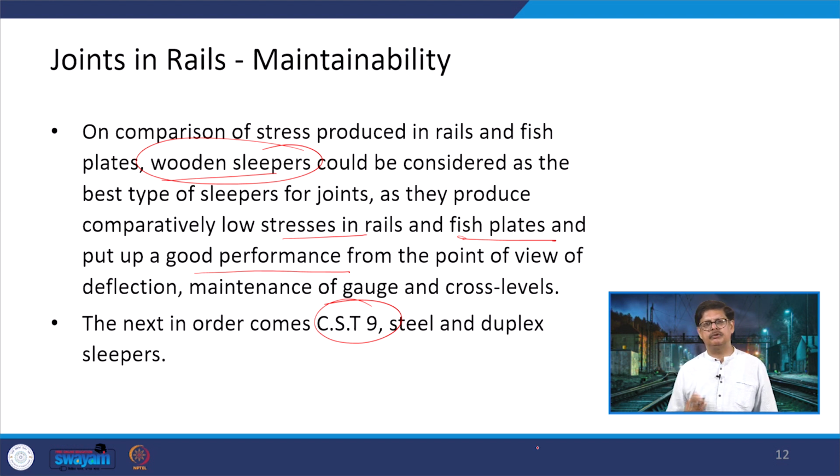If you remember, at one point in time we were discussing the sleepers, we said that there is a possibility of a combination of the sleepers. This is that combination: on all of the track you have used, say, the concrete sleepers, but when it comes to the joint we may go to the wooden sleeper, we may choose CST9 or the steel trough sleeper or the duplex sleepers at that location.